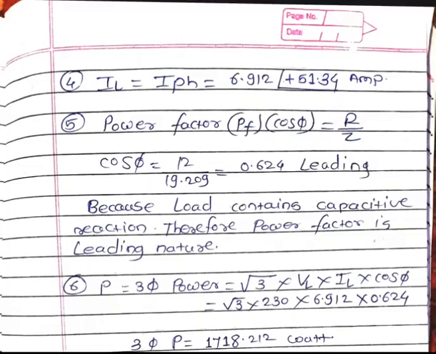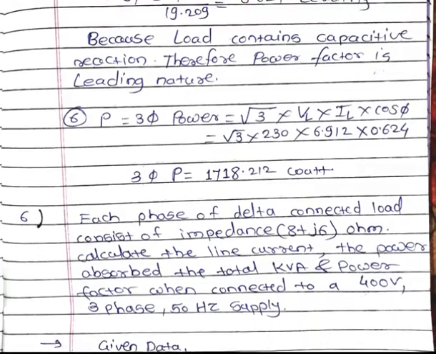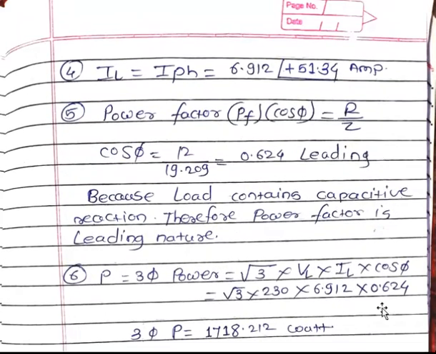Now we calculate the value of three-phase active power. The three-phase active power P is equal to root 3 into VL into IL into cos phi. The value of VL is equal to 230 volt and the value of IL is equal to 6.912, and the cos phi is equal to 0.624.